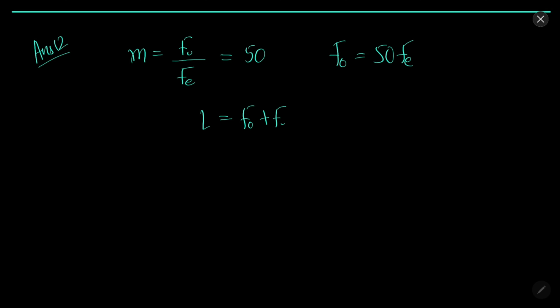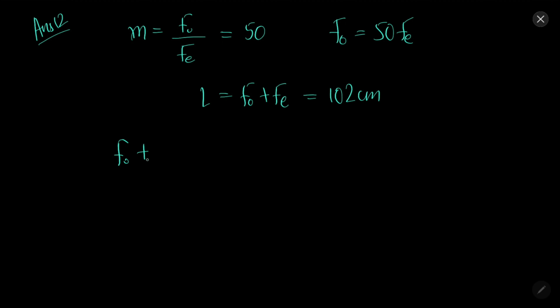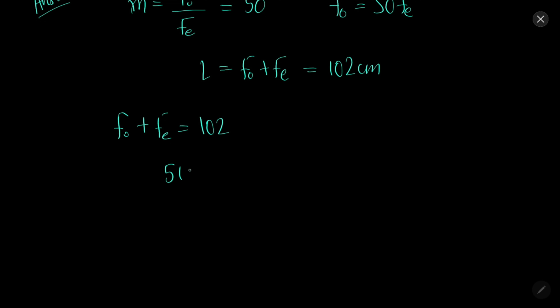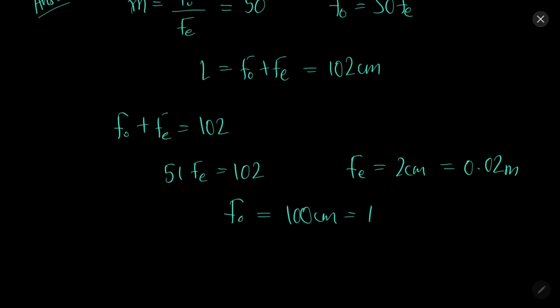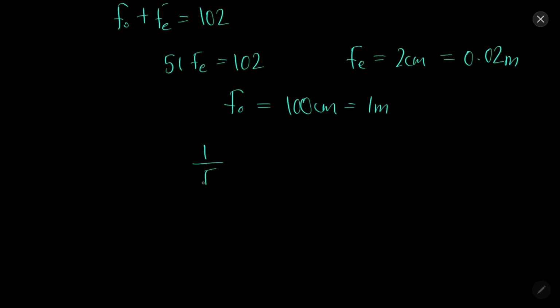FO plus FE equal to 102. 51 FE equal to 102, FE equal to 2 centimeter, 0.02 meter, FO equal to 100 centimeter, 1 meter. Power 1 diopter, and here 50 diopter.